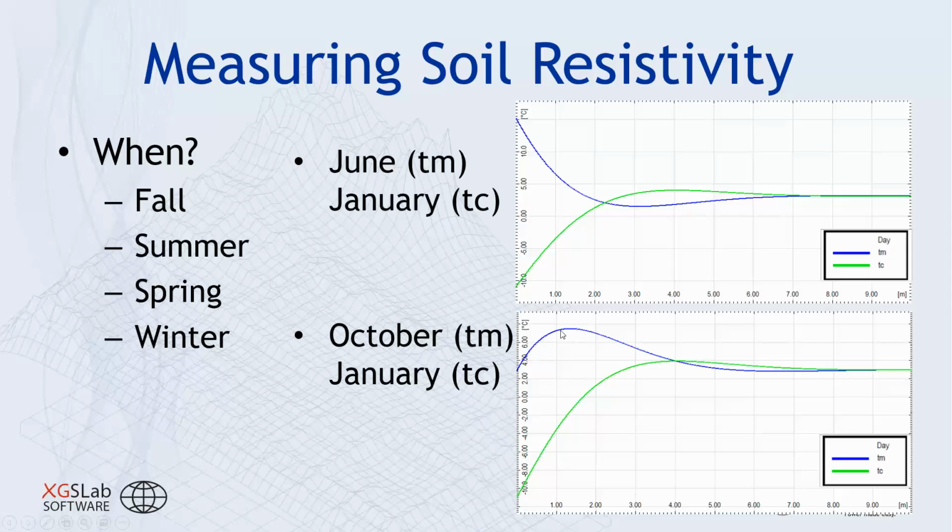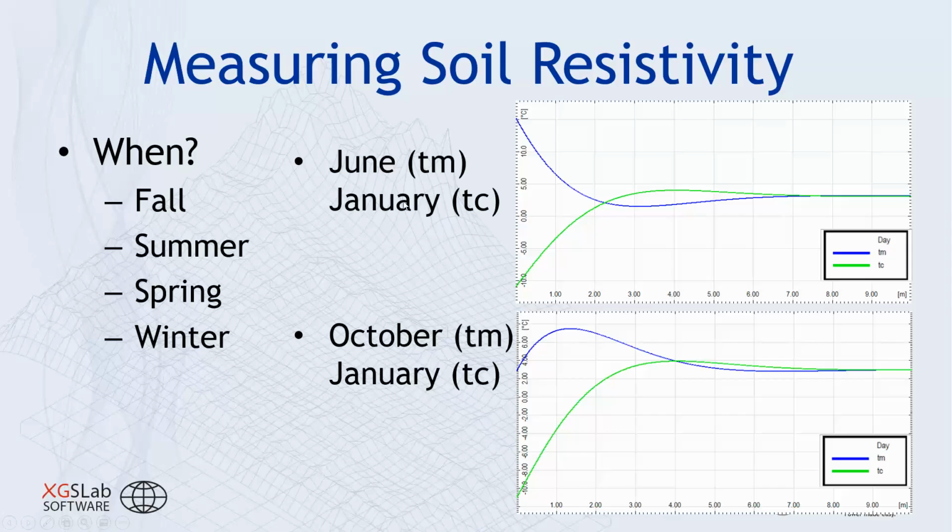And there's still this little bit of increase, so we haven't fully penetrated deeper into the soil with that thermal energy, or the lack thereof, when we start to get into the colder months. And if you imagine a scenario, for instance, if I did my measurement in June and I calculated a soil model of approximately 100 ohm meters, versus doing that same measurement in October and calculating 100 ohm meters.